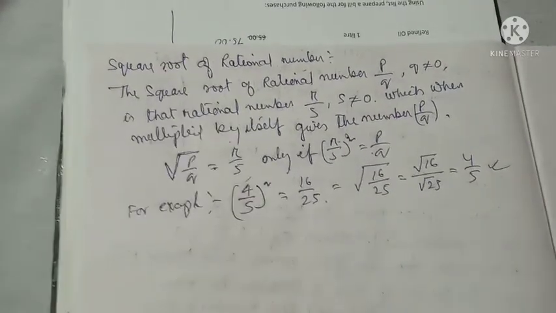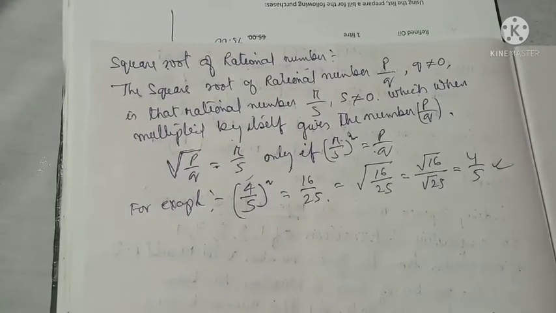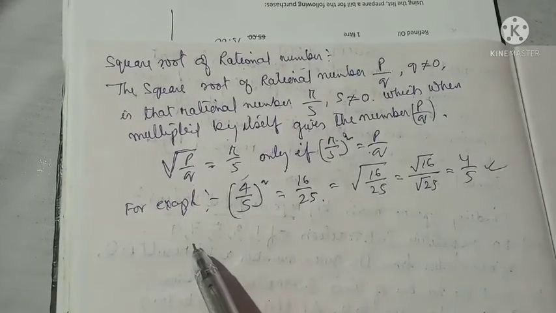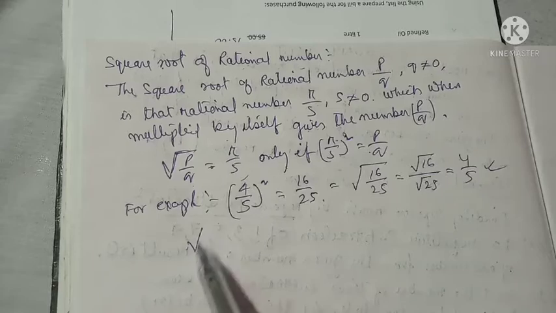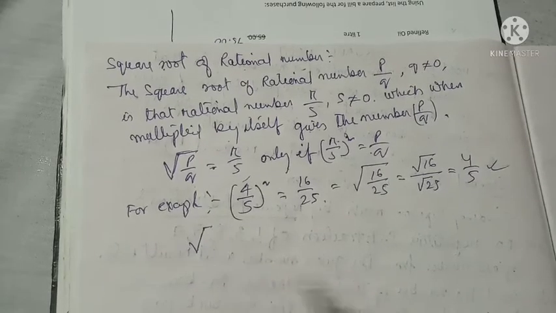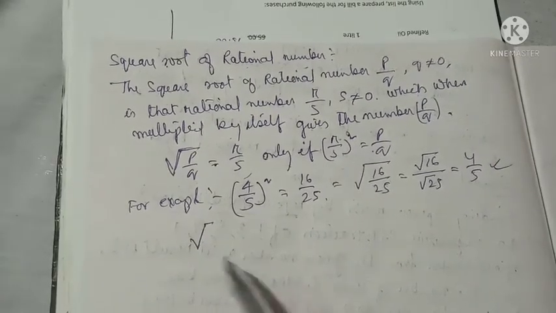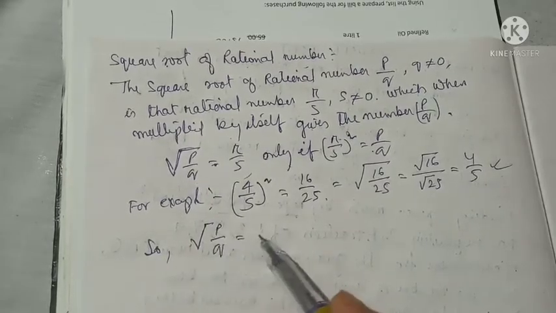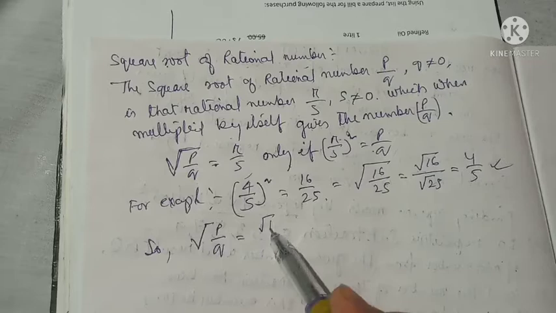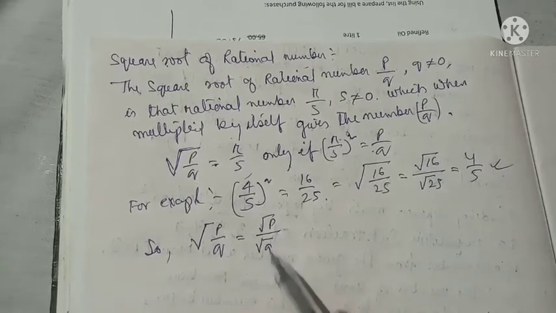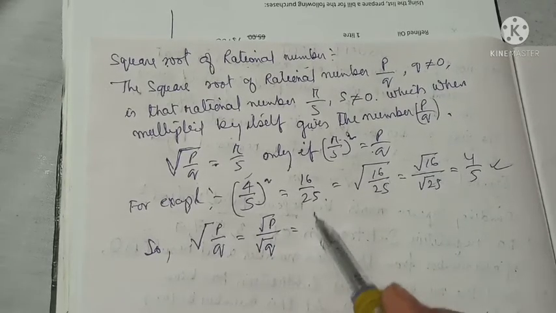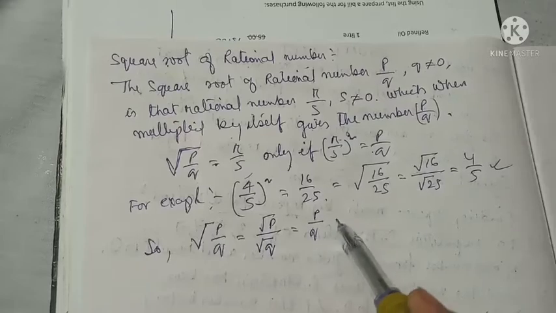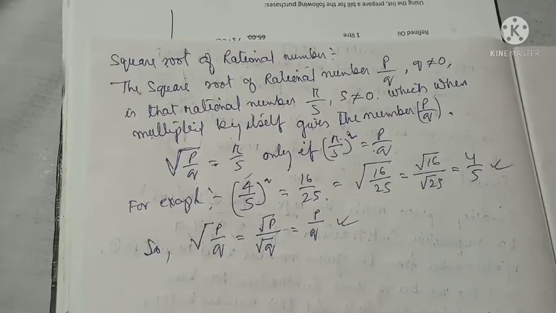Or else we can say, for p by q, the square root of p by q is equal to the square root of p divided by the square root of q. You will get the answer p and q. Understand?